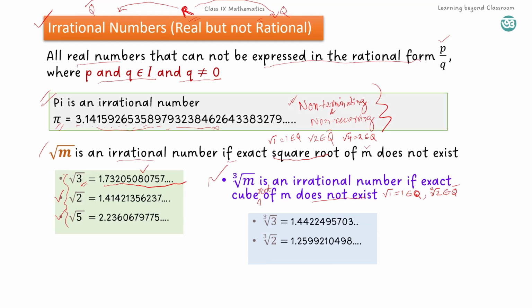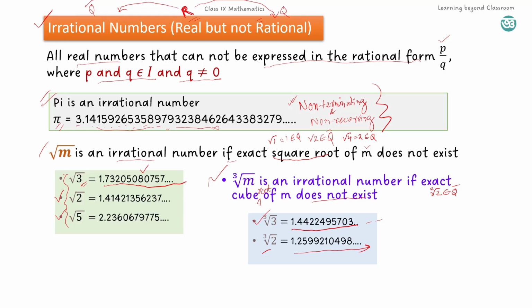So in the decimal form, you can see cube root of 3 is equal to 1.4422495703 etc., a non-terminating non-recurring decimal. Cube root of 2 is also a non-terminating non-recurring decimal. So in decimal form, all non-terminating non-recurring decimal numbers are irrational numbers.